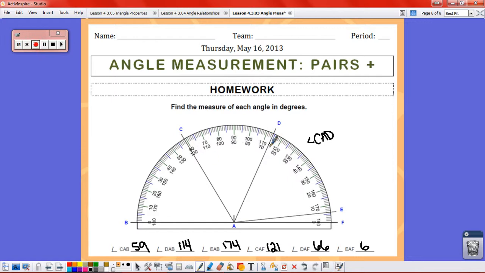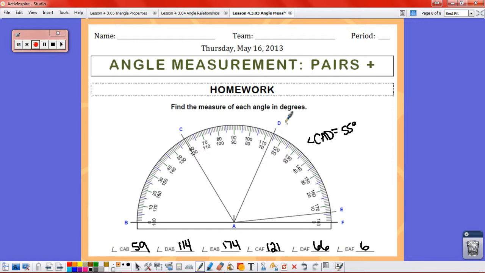You have to actually either count, or you can start to figure out what each angle is, because you know that all of them have to make this straight angle. They have to make 180. So this is 5, 10, 15, 20, 25, 30, 35, 40, 45, 50, 55, not quite 55, so 54, 5.